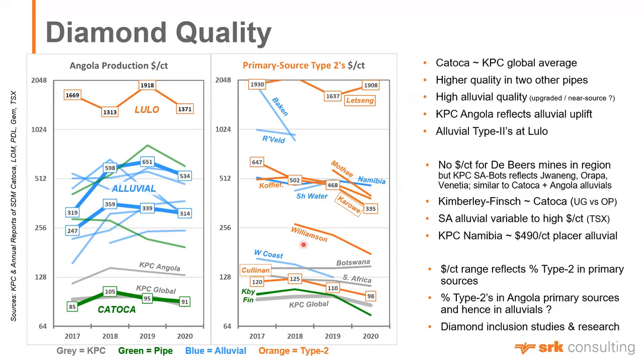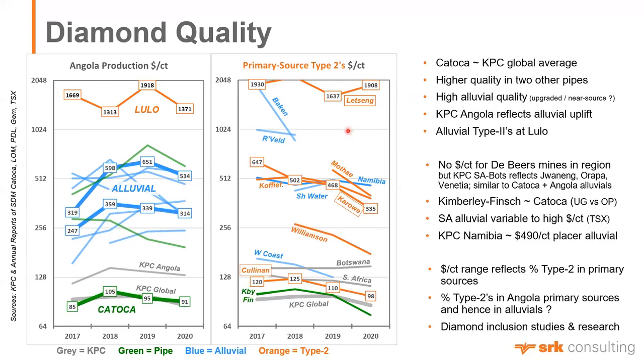And we can see a slightly higher average price point for Williamson over these years that I was able to get data from. And then there's a range of Matsa, Karowe, Koffiefontein. These are all producing type 2 diamonds in this range, roughly about $500 a carat on average for the production on an annual basis.